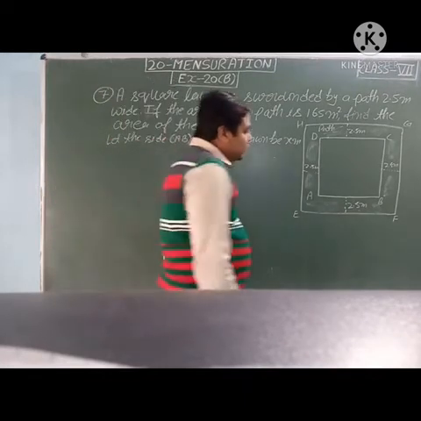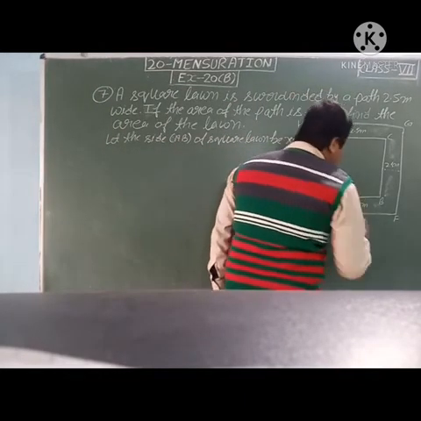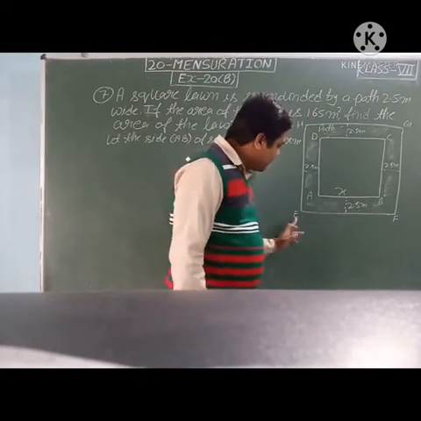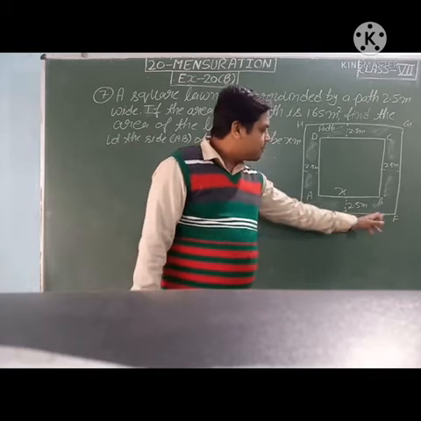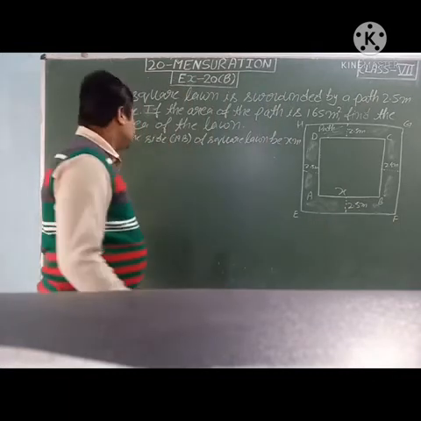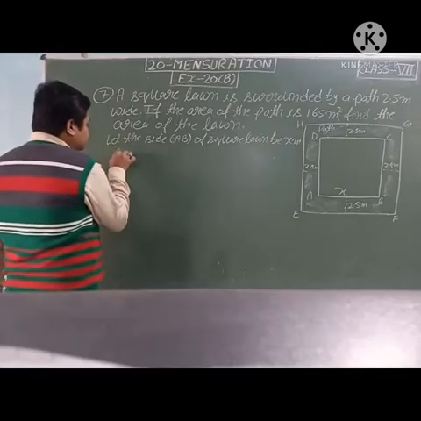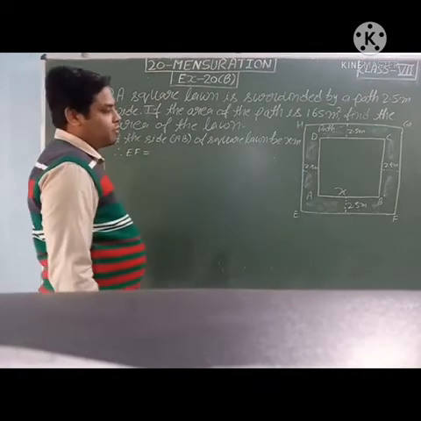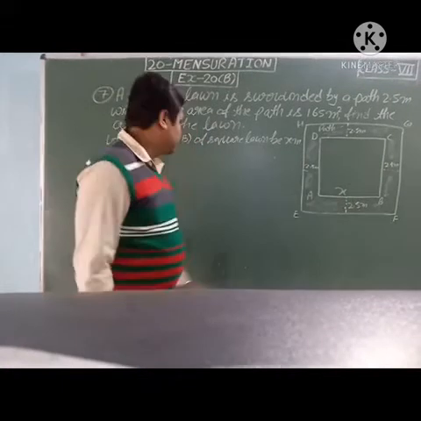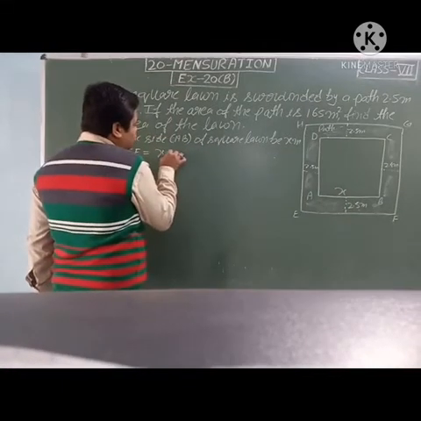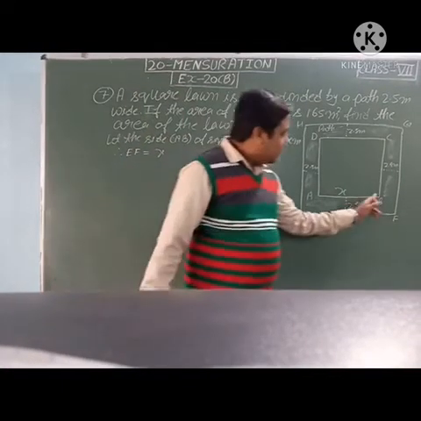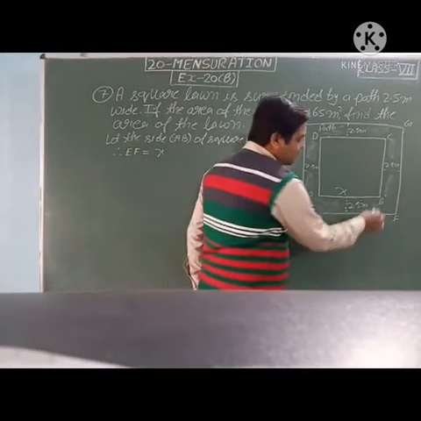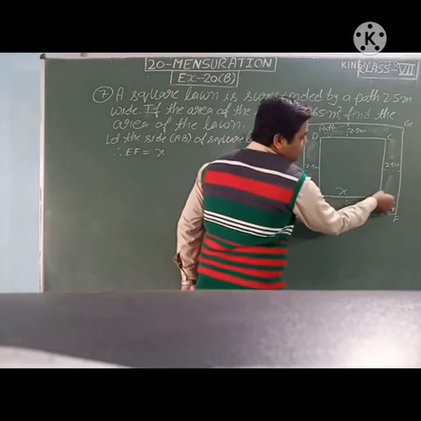So students, if this side is X meter, then what will be the length of this side EF? EF is equal to X, plus this portion. What is the measure of this portion?